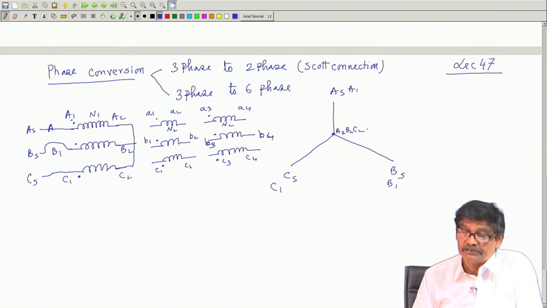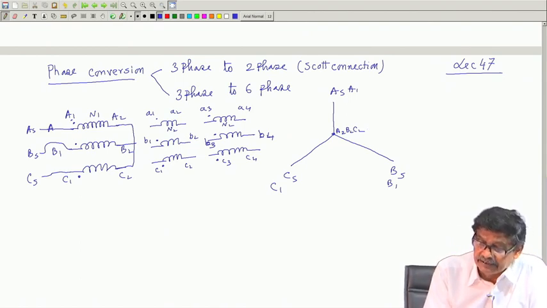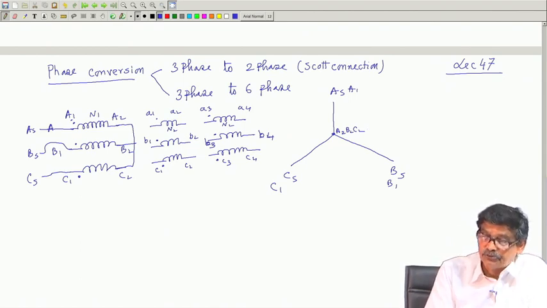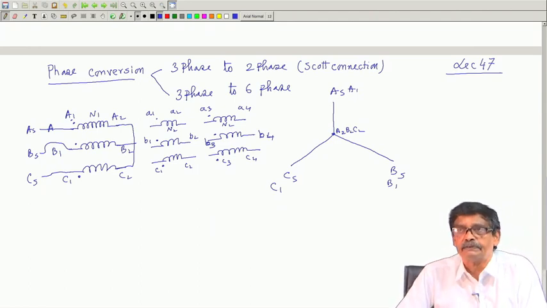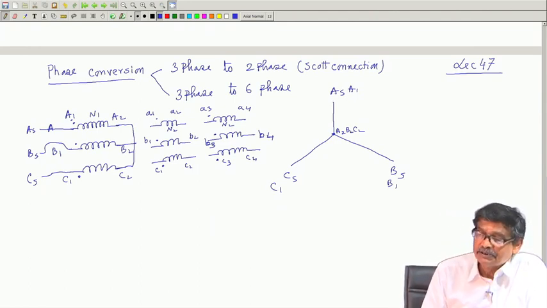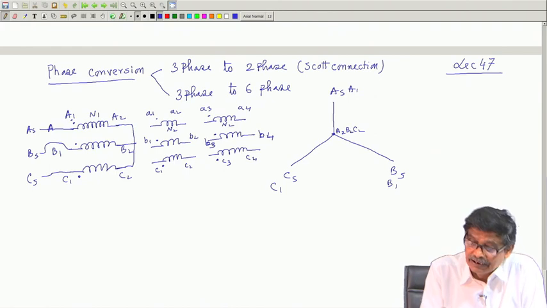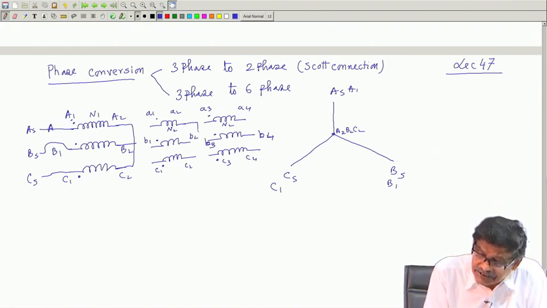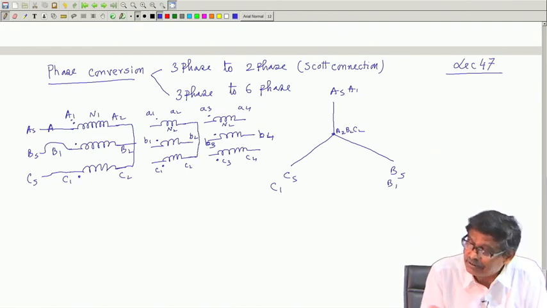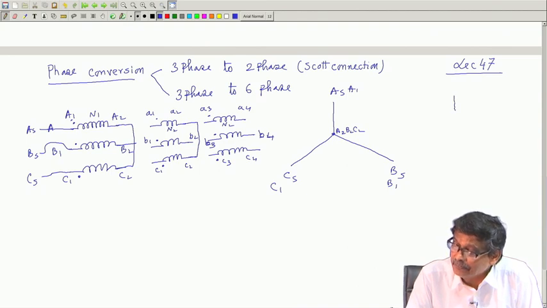Now, you connect the secondaries, these 2 groups, in stars, but one connection you make Y by 0 and the other as Y by 6, and you are done. Why? Because if you join these 3, then you get Y by 0.